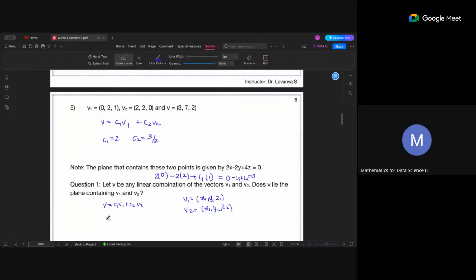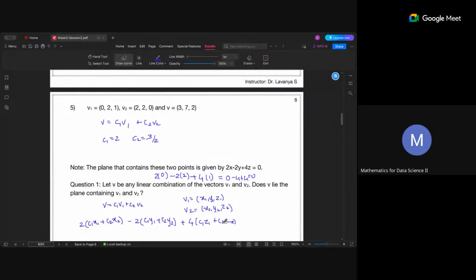So now we can do 2 times C1 X1 plus C2 X2, minus 2 times C1 Y1 plus C2 Y2, plus 4 times C1 Z1 plus C2 Z2.